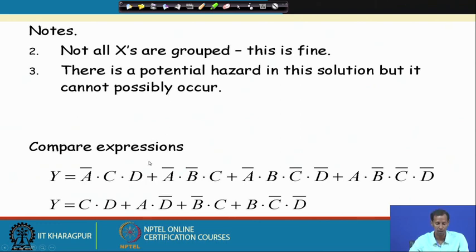So, if you compare these two expressions without considering the do not cares, and then consider the do not care, the two expressions are different. Because of considering the inverters over here, you may get a glitch in this particular expression.